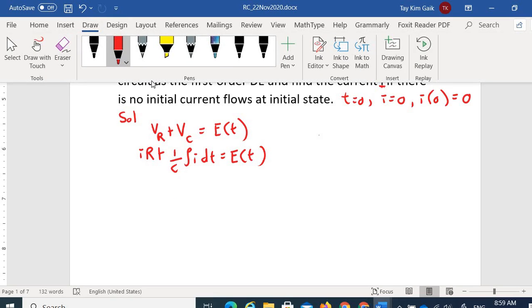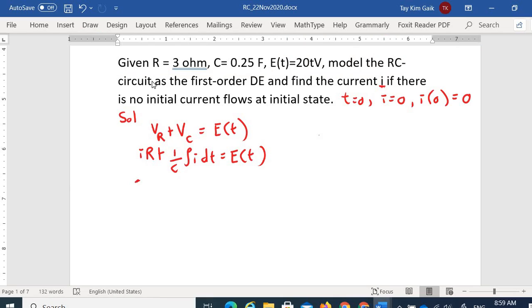So we find it in terms of I by differentiating both sides. So d/dt of IR, and 1 over C is constant. So d/dt of the integral of I dt equals d/dt of E(t).